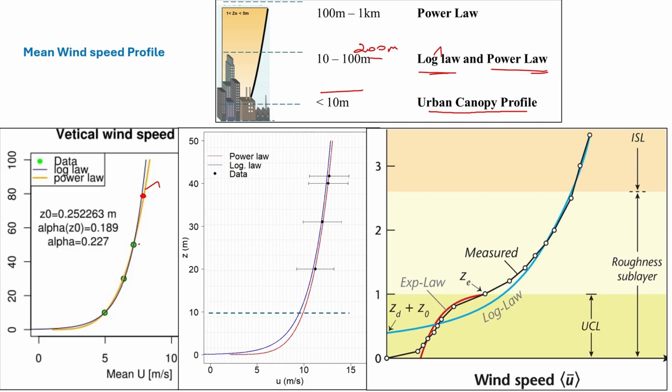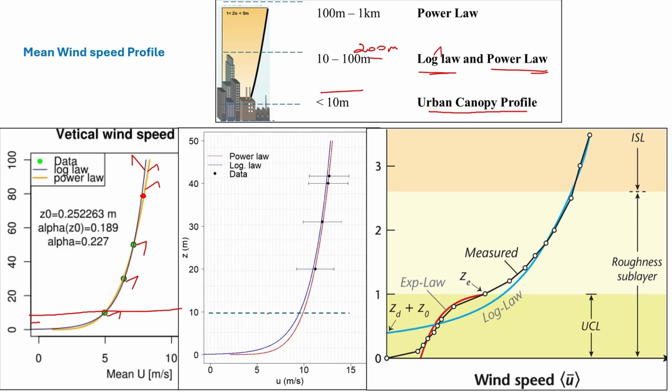For example, this green point is the experimental velocity data, the blue is the logarithmic law, and yellow is the power law. Above 10 meters and within 100 or 200, both power law and log law almost match the experimental value.